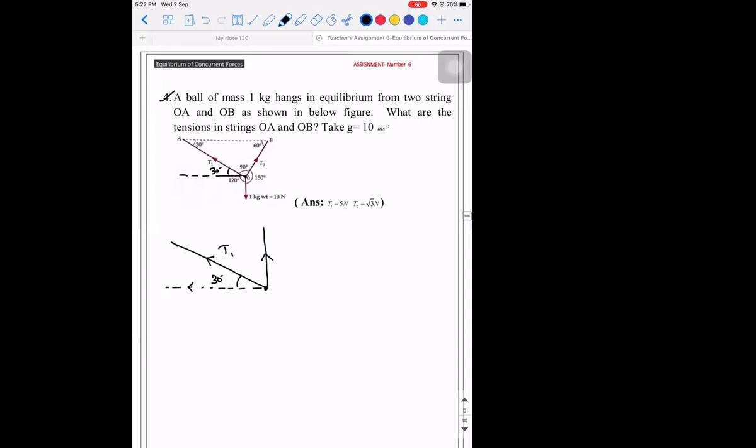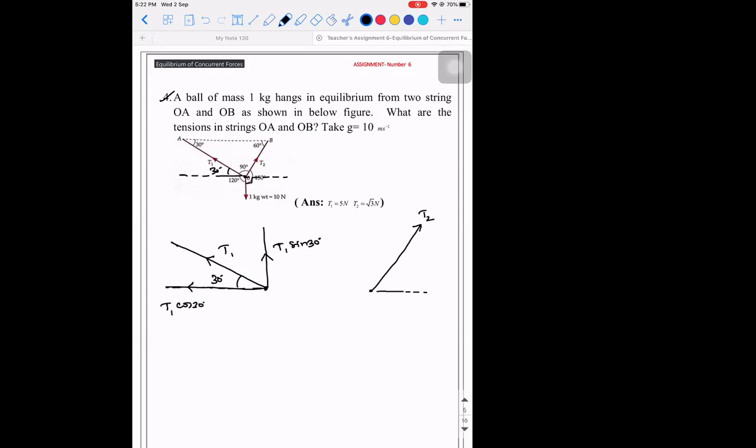So let's try to resolve each force into different components. T1, how much will this be? T1 cos 30. That's right. And this one will be T1 sin 30. Similarly, if I take T2, if I draw a line like this, then how much will this angle be?